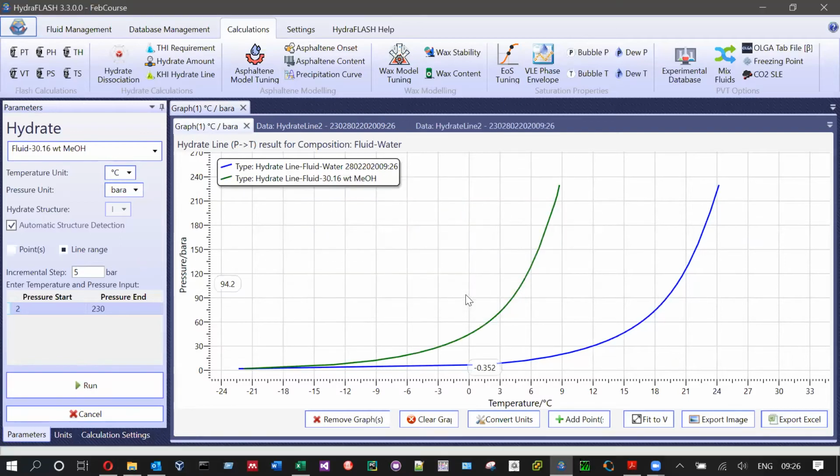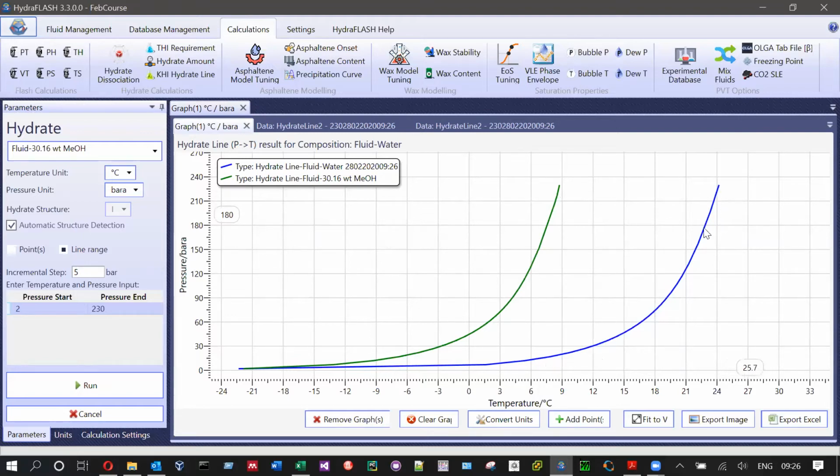And yes, okay. So now you can see the red graph, the red hydrate phase boundary, is the hydrate phase boundary when methanol is present in the system. And the blue one is when there is no methanol in the system.